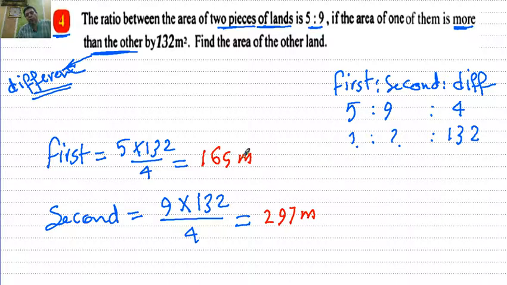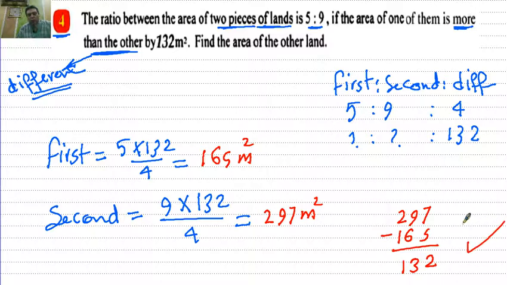To be sure, if you find the difference between them, 297 minus 165 equals 132 square meters, then your answer is right. To be sure, after your solution.